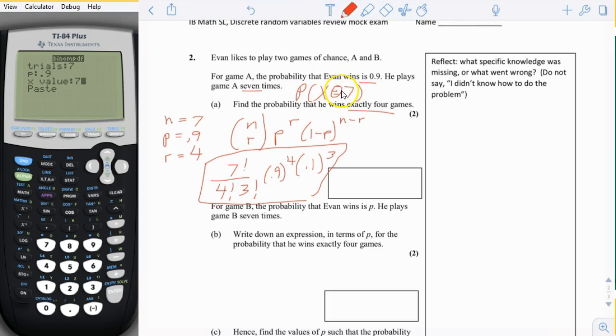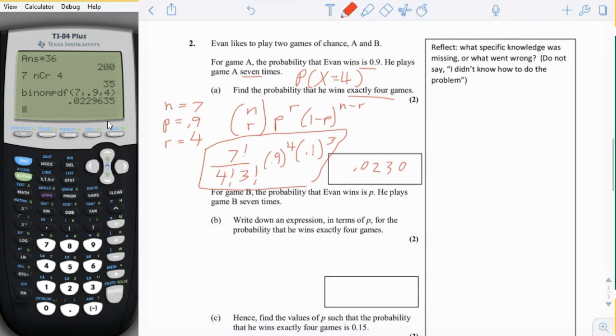Sorry, this is 4. Okay, and then paste. And the answer is 0.0229, but 9 rounds up, so it's 0.023. Okay? So, either of those two ways.